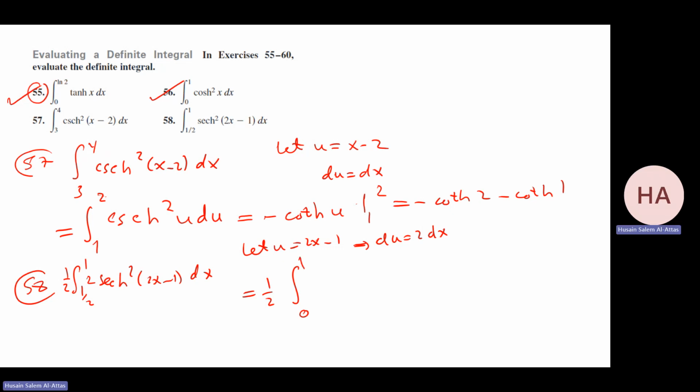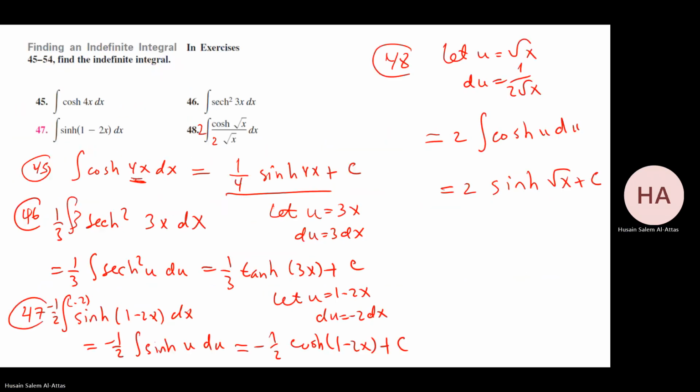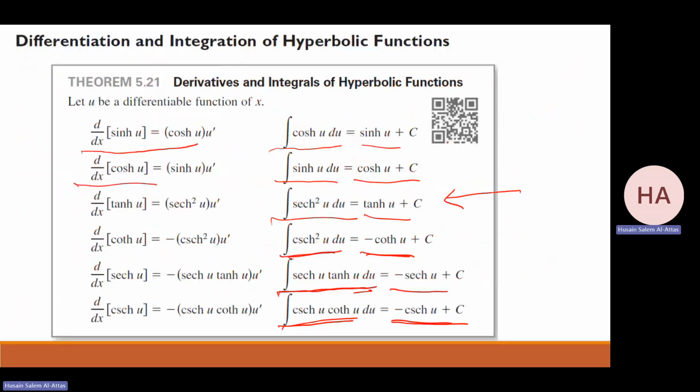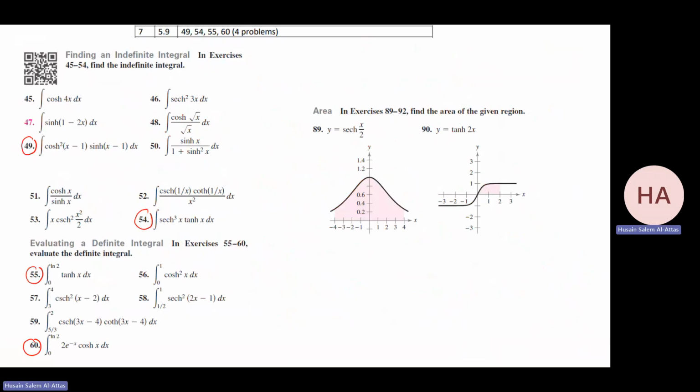So I have secant hyperbolic square u du, which I know, you go back to the formulas, it will be tan hyperbolic.